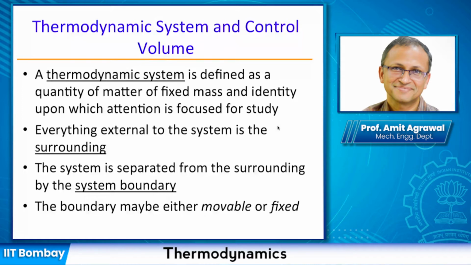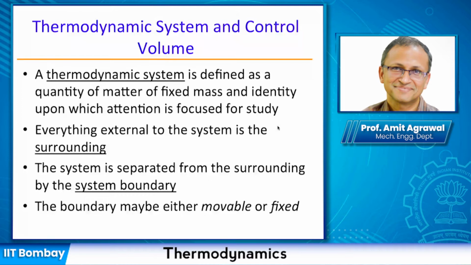But there could also be a scenario where you have a piston, or something else. It could be a balloon, which is my system. So the air which is inside is what I'm trying to do my analysis on. Now you can see that the balloon can expand or contract.